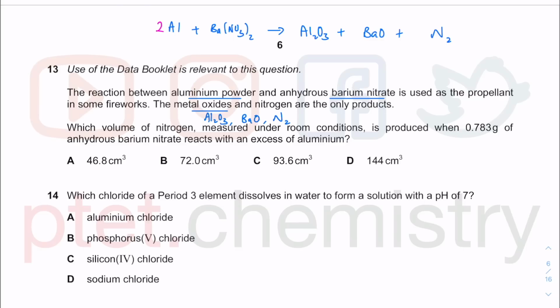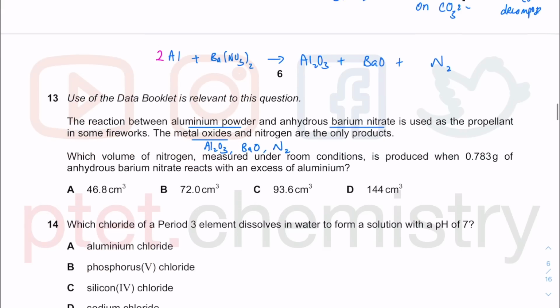Let me see. The aluminium is balanced, barium is balanced, nitrogen is balanced, oxygen there's 6, so perhaps I need to raise the oxygen a little bit. If I have 2 of that, then 2 of that, that doesn't seem to help, does it? Hang on, let me see.